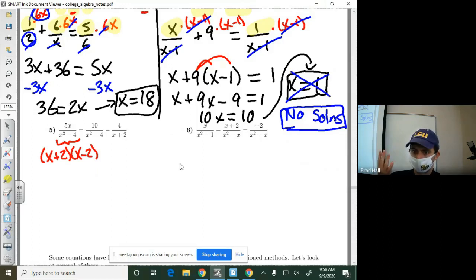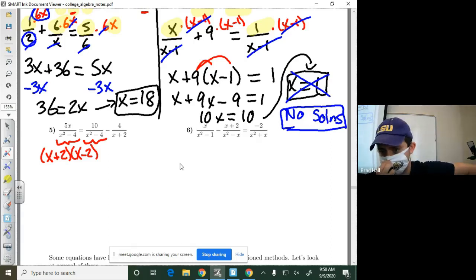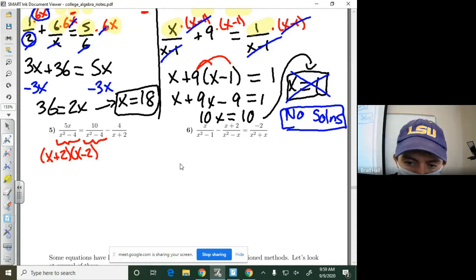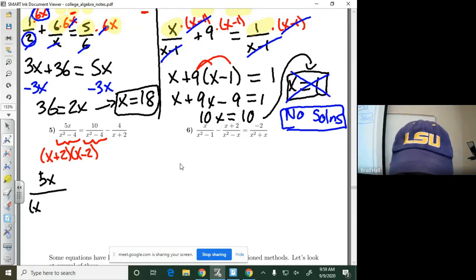The reason I'm picking 4 is because there's a 4 in the problem. Square root of 4 is 2, so that's why I have 2's here. So we can do that for both of these fractions here and here. And so I'm just going to go ahead and start writing out this with the new information that we have.